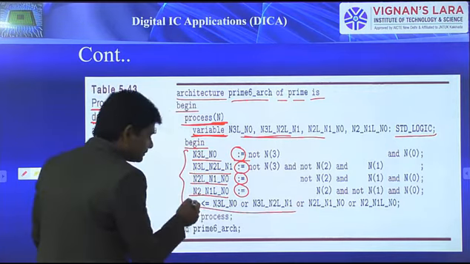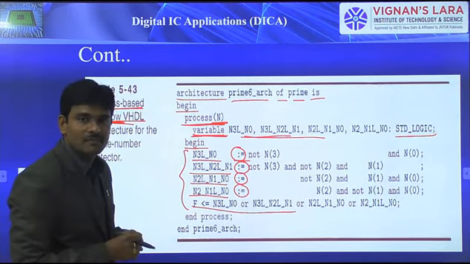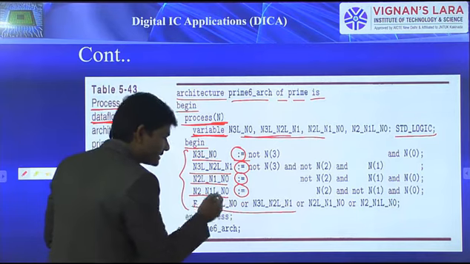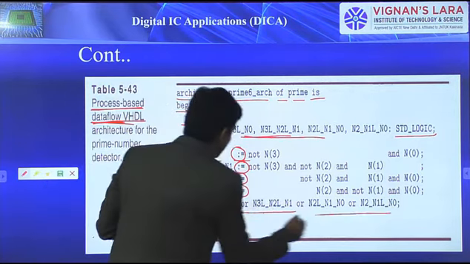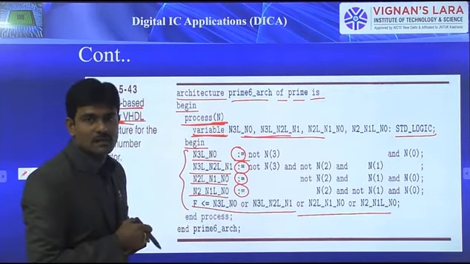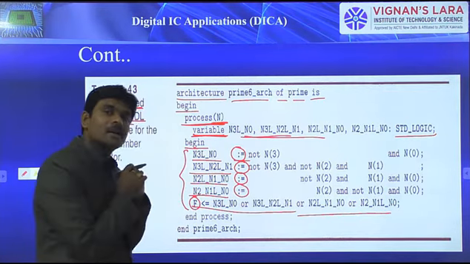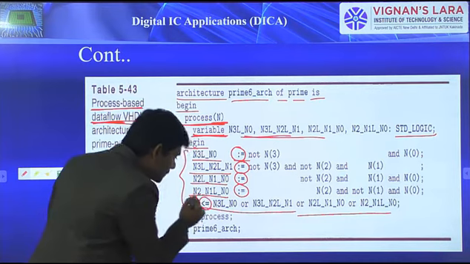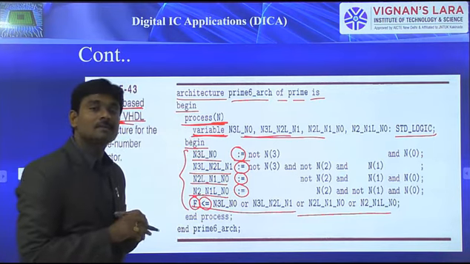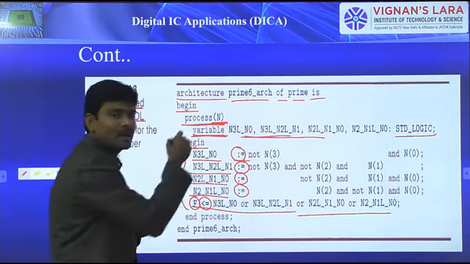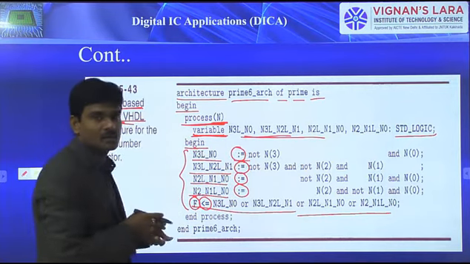And finally, F, which is already defined in the entity, belongs to a signal. So F less than or equals to the OR operation of all these variables. Anyway, this is a signal, not a variable, because it was declared in the entity declaration part. For that reason we use less than equals to here, but all these others we declared as variables, so the assigning operator for them is colon equals to.